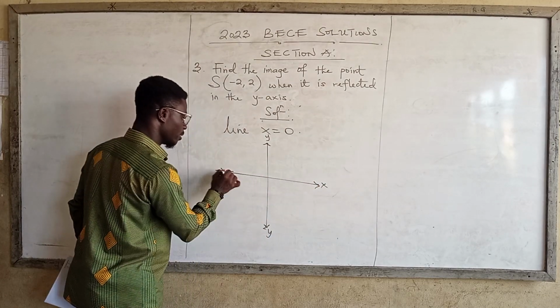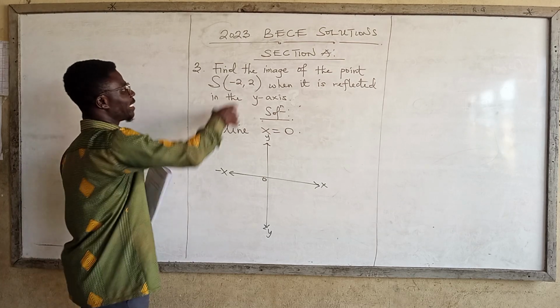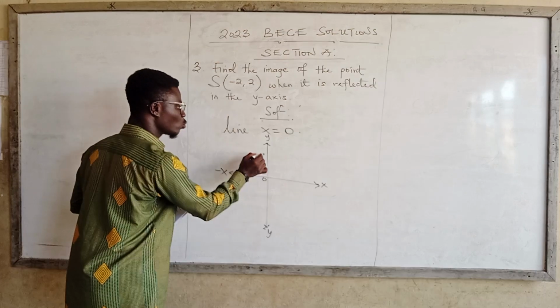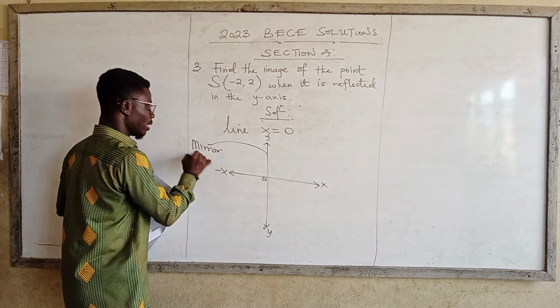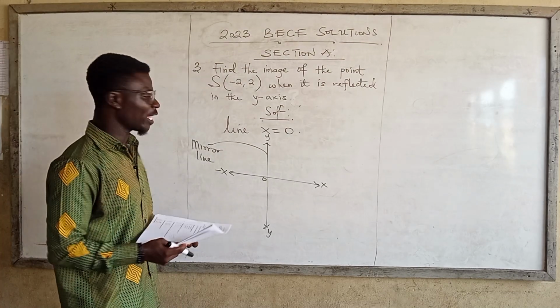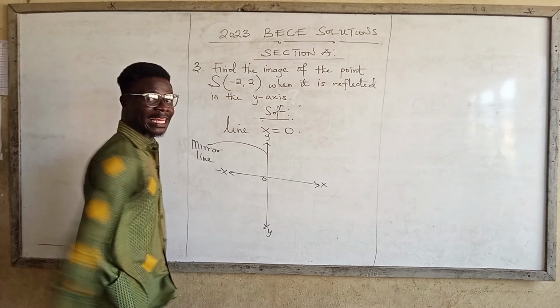We want to reflect this point on the y-axis. The y-axis serves as my mirror line, or line of reflection. That's the line x equals 0.